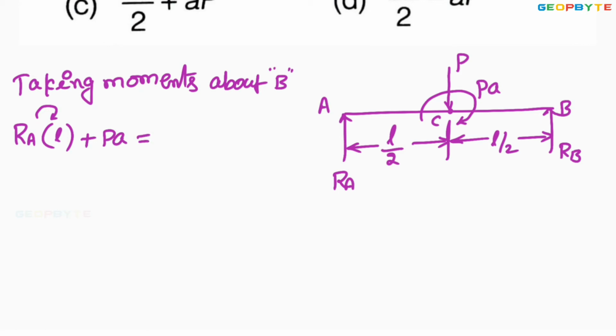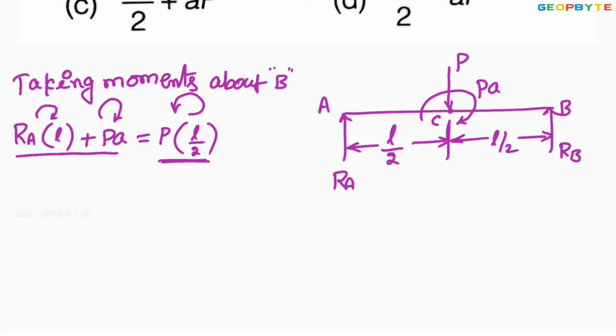It must be equal to the point load multiplied by the distance L by 2. The reason I took P into L by 2 on the other side is that, with respect to B, P into L by 2 is developing the anticlockwise moment, whereas RA into L is the clockwise moment and Pa at C is also clockwise. We are just equating the clockwise moments with the anticlockwise moment with respect to B.